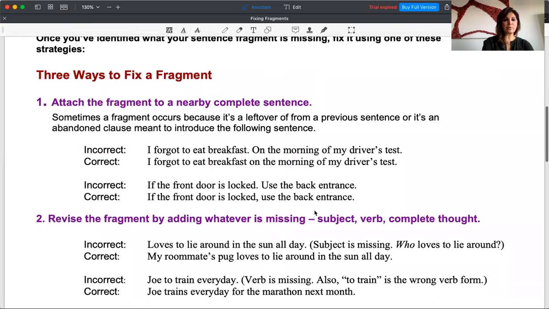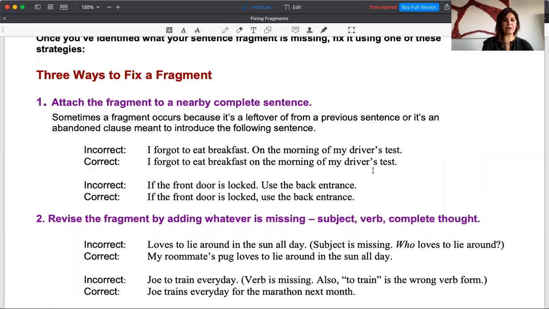The first way to correct it is to attach the fragment to a nearby complete sentence. For example, if I say, I forgot to eat breakfast, period, on the morning of my driver's test, period, I can combine them by using connectors that I taught you in my first session. If you haven't watched the videos, make sure that you watch the IELTS Band 9 video that I posted yesterday.